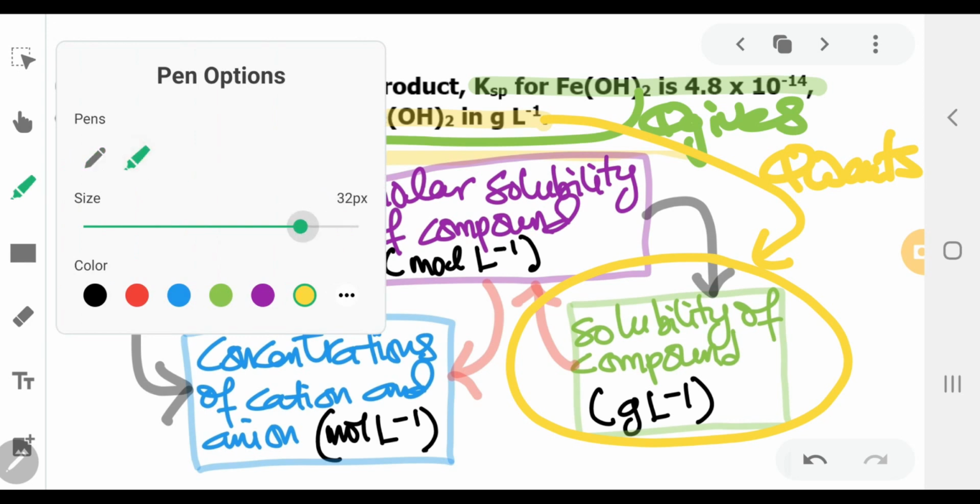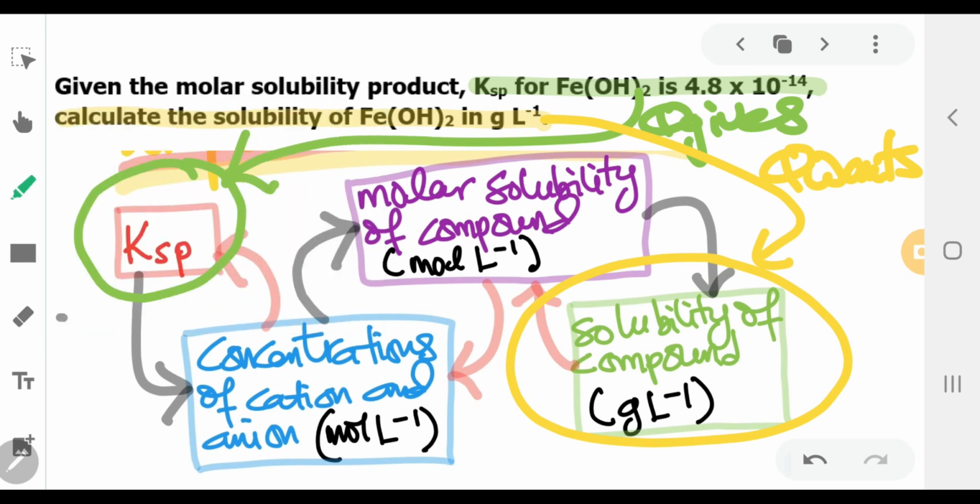And remember, for this, we're going to be using the ICE table. Then we're going to move towards finding the molar solubility of the compound, and finally we will be able to find the solubility of the compound. That's why the flow chart here is super important for you to remember and to use to solve the problems regarding molar solubility, solubility, and solubility products.